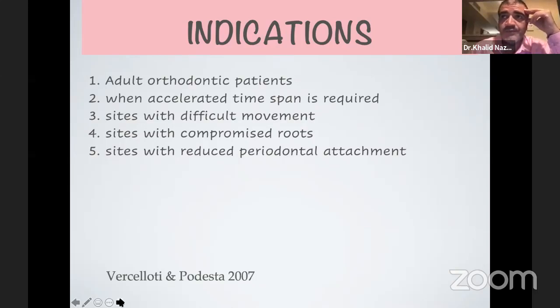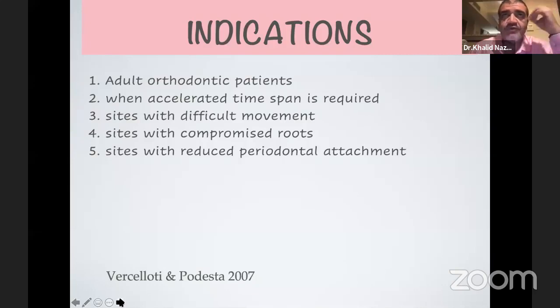So decortication is a very, very good tool in those patients. Again, when we are running short of time or we want to finish fast, even in younger patients, even in teenagers who don't have a problem moving teeth, but you want to finish fast, they are very, very good candidates for decortication.